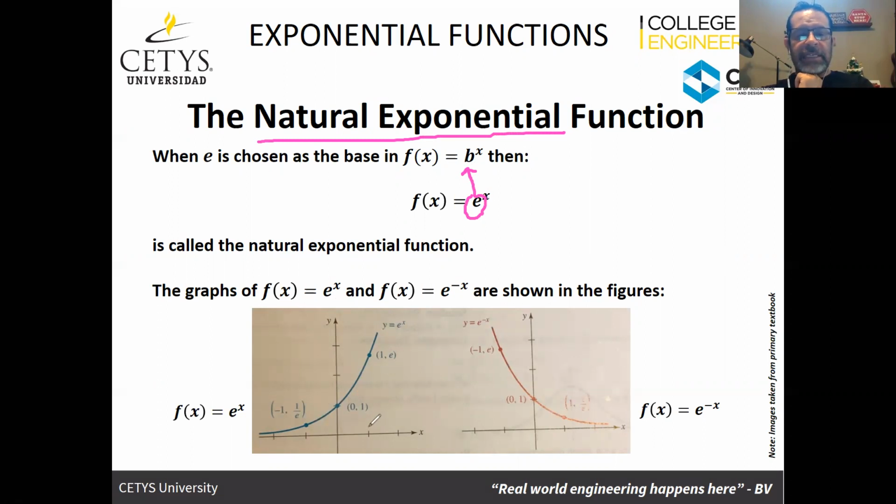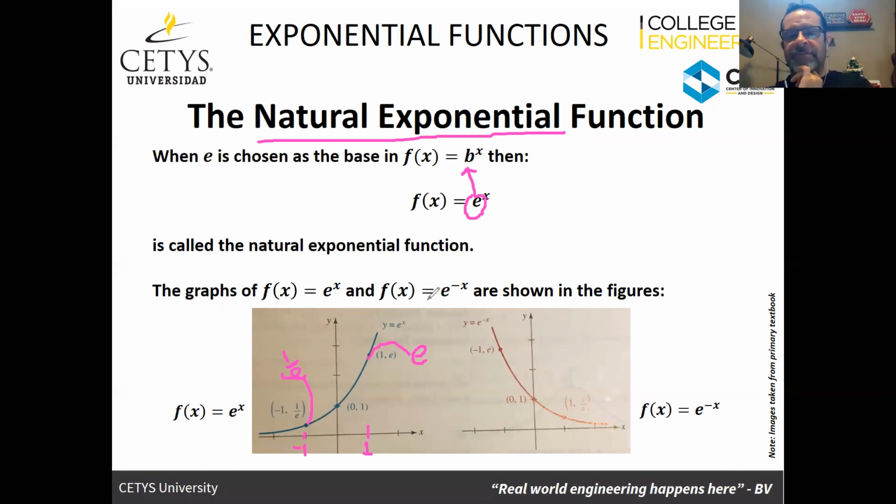So if x equals 1 in the graph, then the number that we get is e. And also if x equals -1, what we get is 1 divided by e, or e to the -1.